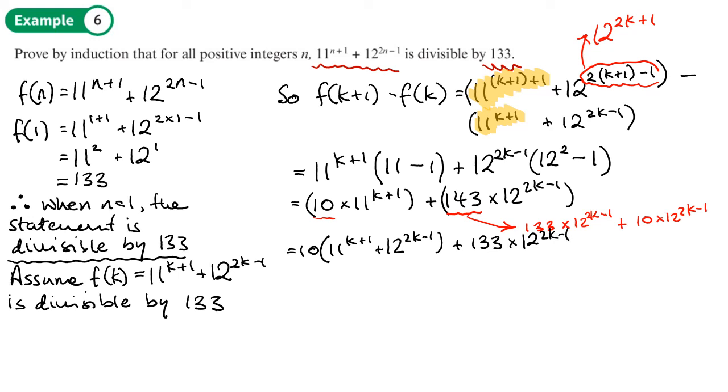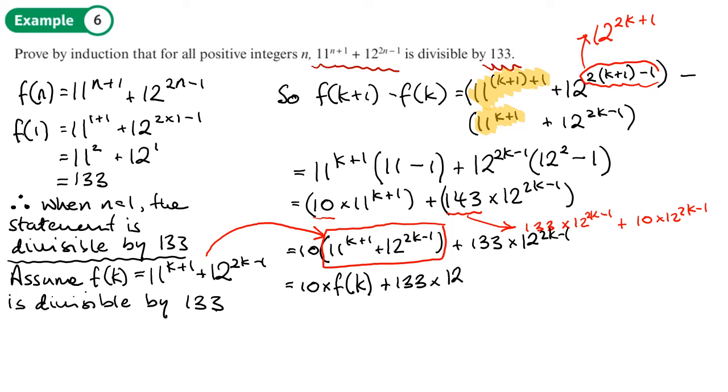Now have a look at this bit here. Recognize that? That is the assumption that we made in the previous step. So this is the same as 10 lots of f of k plus 133 lots of 12 to the 2k minus 1. Now we assumed that this bit was divisible by 133.